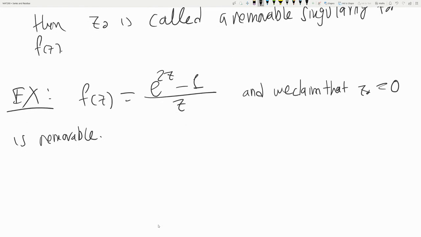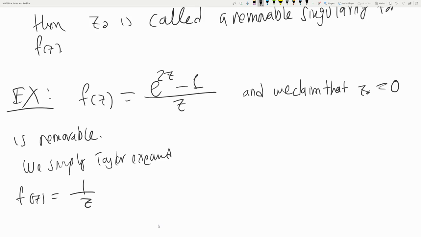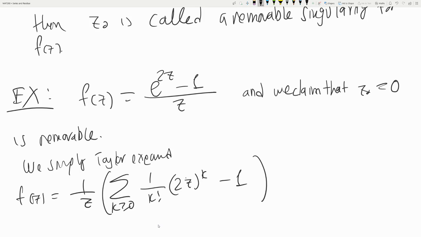We simply Taylor expand the top. So f of z is equal to 1 over z times the sum, k starts from 0, of 1 over k factorial times (2z) to the k minus 1.